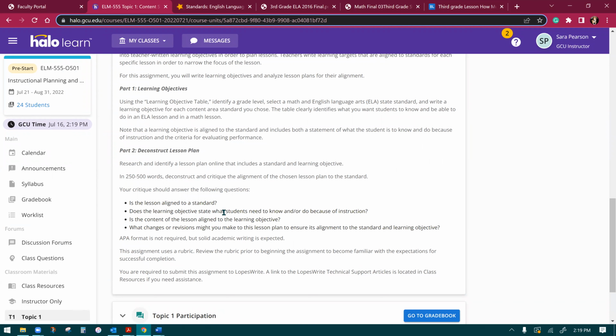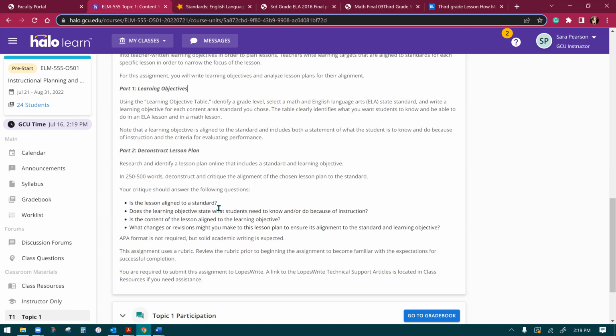Does the learning objective state what students need to know and or do because of this instruction? Yes, give specific examples. Is the content of the lesson aligned to that objective? So is what they're teaching the same thing? Yes, and explain why.